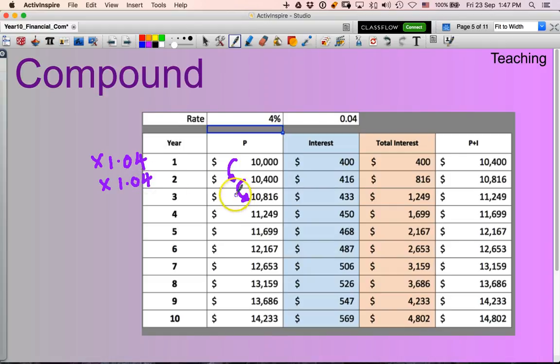I could think of this principal as increasing by 4% each year. It's repeated multiplication, and whenever I think of repeated multiplication, I think about index laws.